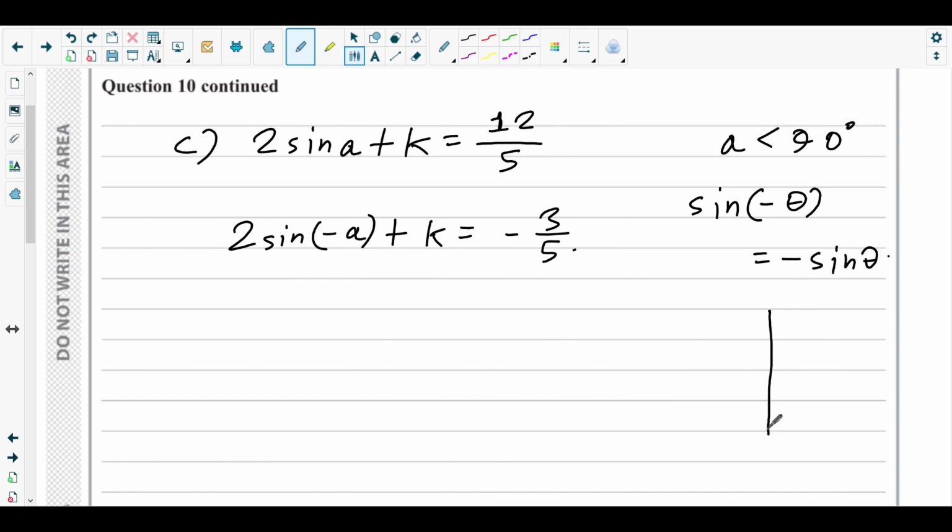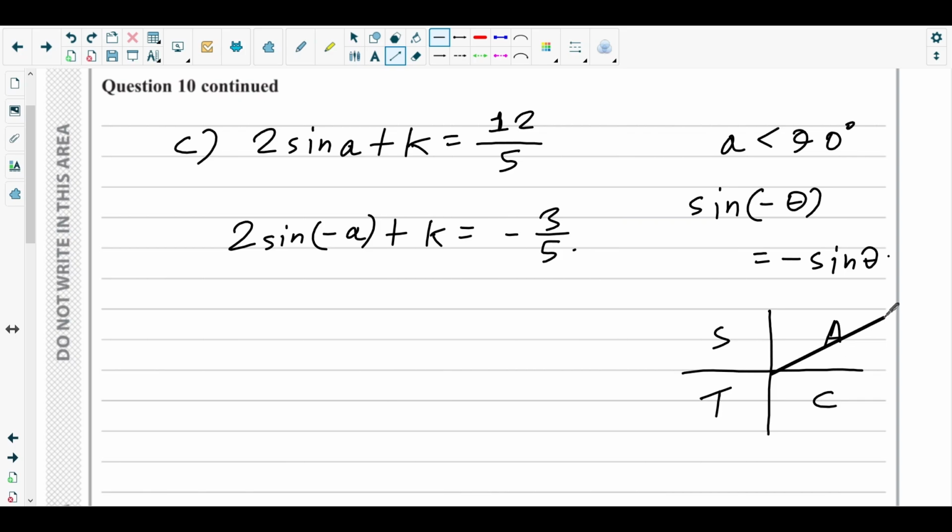Consider the CAST diagram. Theta is an acute angle, so it lies in the positive x-axis, right? So if you consider negative theta, it should be considered clockwise. So now it lies in the 4th quadrant where sin theta is negative. That's why we can write negative of sin theta.